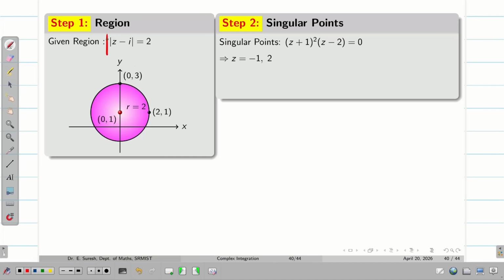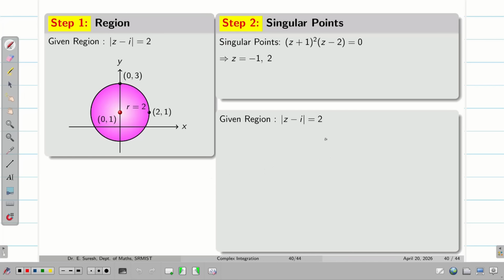Since the given region is a little complicated, it is not like simply mod z equal to some number. Better we can substitute the points in the region and we can check whether the point lies inside or outside C. So the given region is modulus of z minus I equal to 2. So I'll take the point z equal to minus 1. We'll take the LHS.